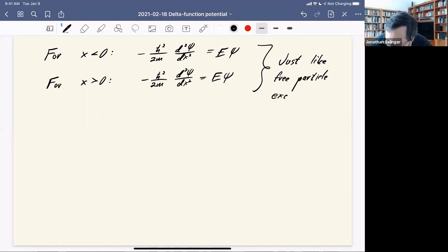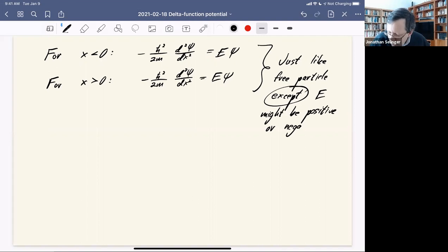Except for one little distinction, which is that E might be positive or negative. For the free particle, we know there's no potential energy, so the energy is just kinetic energy.